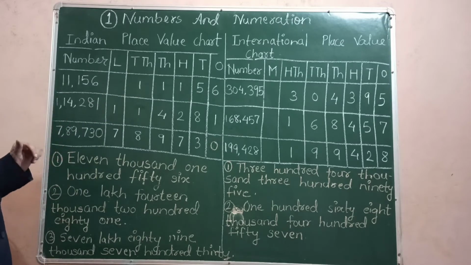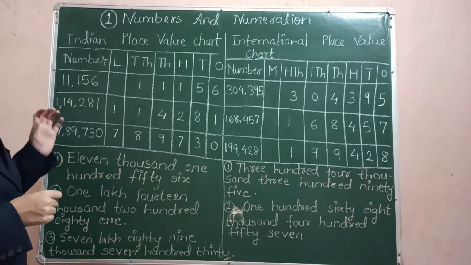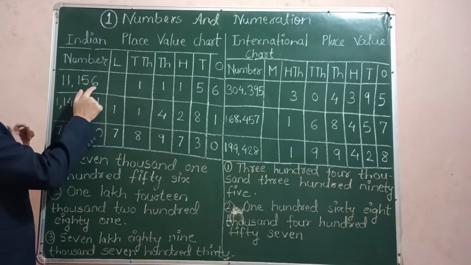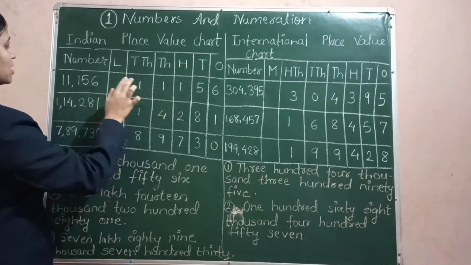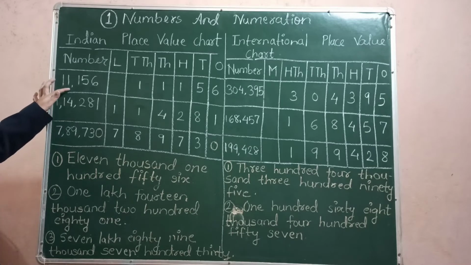So how will we read it? See here, they have been separated by a comma, and we use a comma to separate the periods. Here you can see these three digits come in the ones period, and these two digits come in the thousands period. So thousands period and ones period is separated by using a comma.